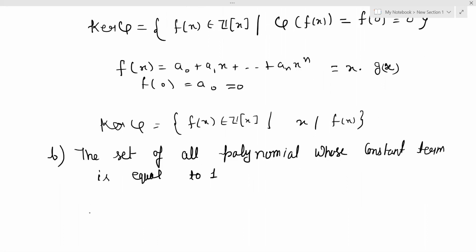This is not an ideal. Why? If you take two polynomials with constant term 1, the sum of those two polynomials will have constant term 2. So this is not an element of the set. For an ideal it should be an additive subgroup. Is there an additive identity in I? 0 is not there. So this is a false statement.